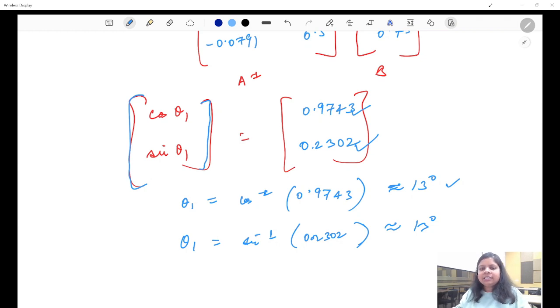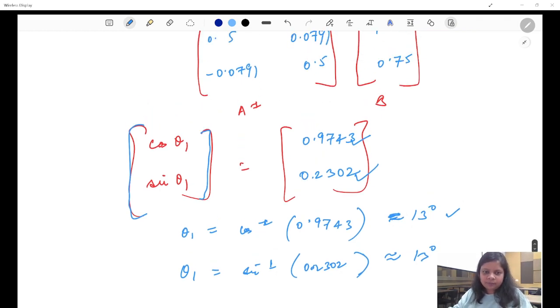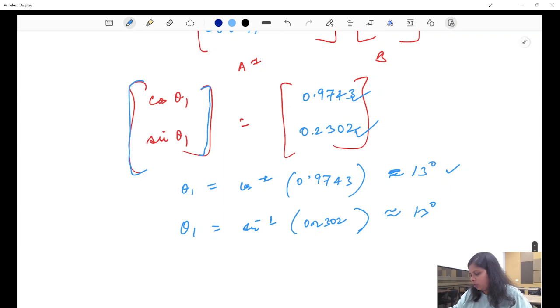So both of these have to be satisfied. You can check that both of them should give you some positive value, and if both of them are equal, they are correct. Sin inverse and cos inverse should lead you to the same values. If they are in different quadrants, it could be a problem, but in this case, they are not. We can directly take the cos inverse and sin inverse.